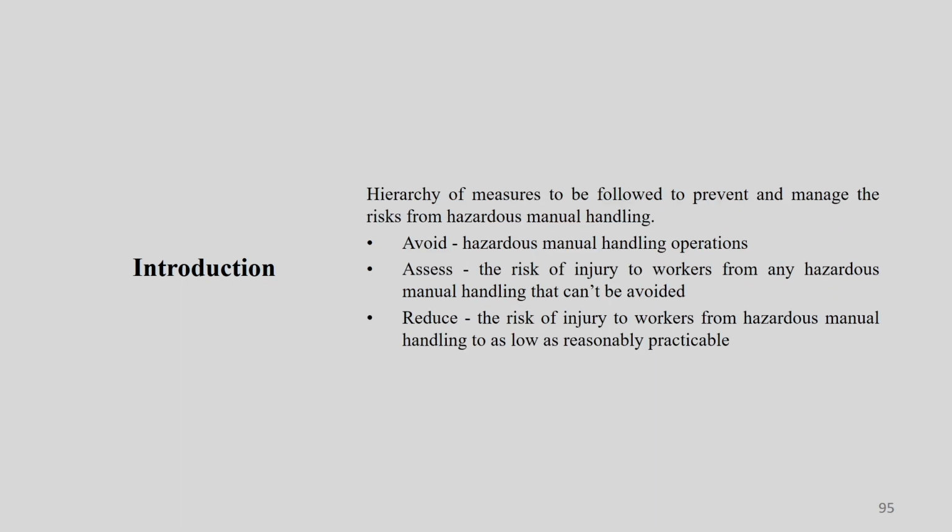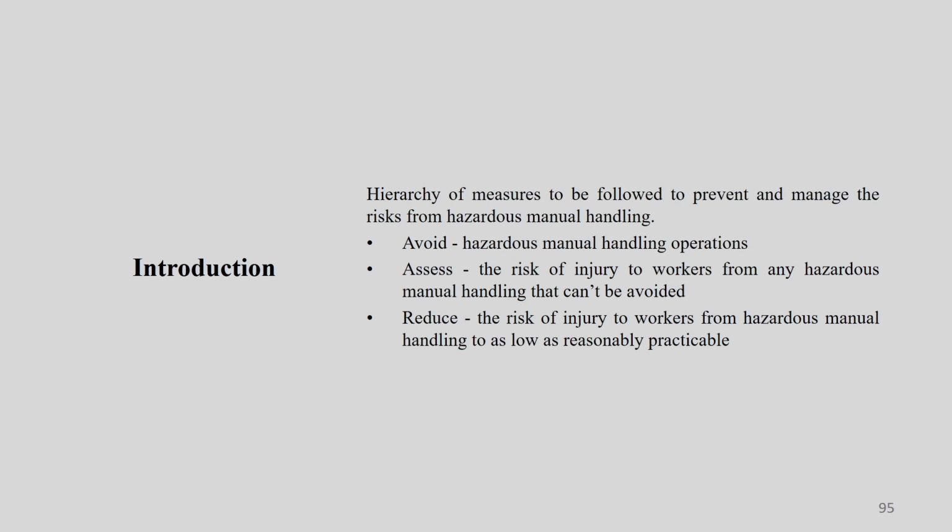Next is the hierarchy of measures to be followed to prevent and manage the risks from hazardous manual handling. There we will be doing three major activities. First is avoid. What do we need to avoid? We need to avoid hazardous manual handling operations, so we have to identify what is hazardous manual activity and avoid it. Second is assess.